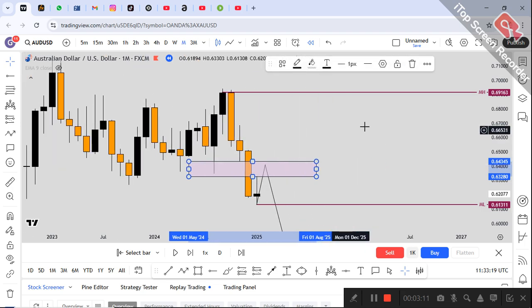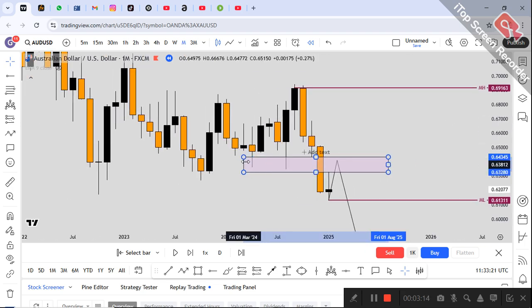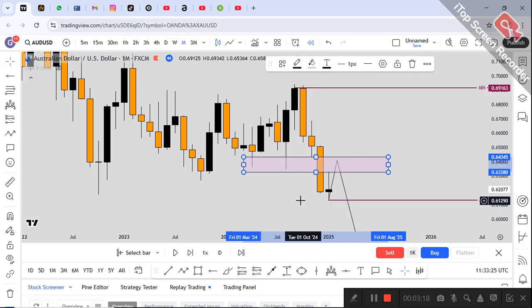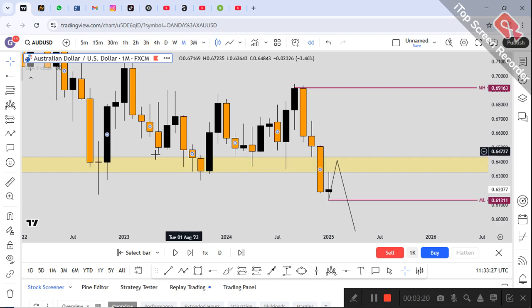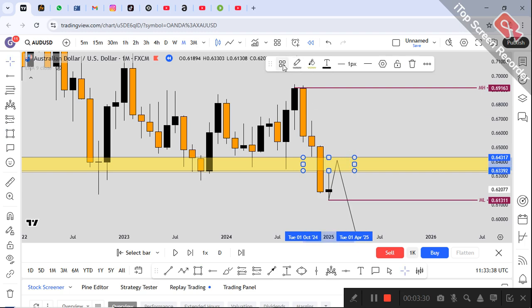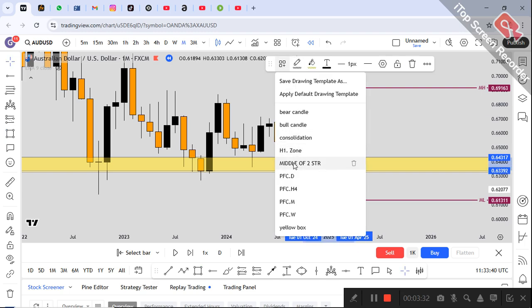Here is where the liquidity is, and of course it is found within the monthly time frame support zone, which has been broken. Then we expect price to come and retest the liquidity that will be found within the monthly time frame fair value gap.